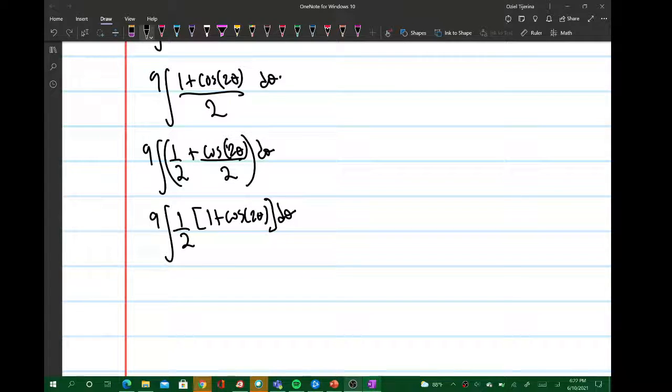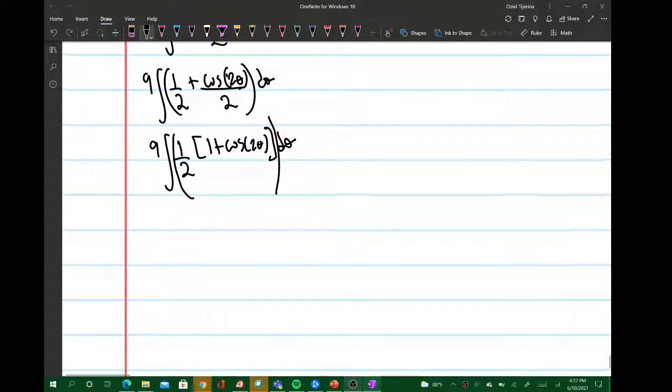Okay, like this. And then you're going to go ahead and grab the 1/2 and put it outside. So it's going to be 9/2 times the integral of 1 plus cosine of 2 theta d theta.